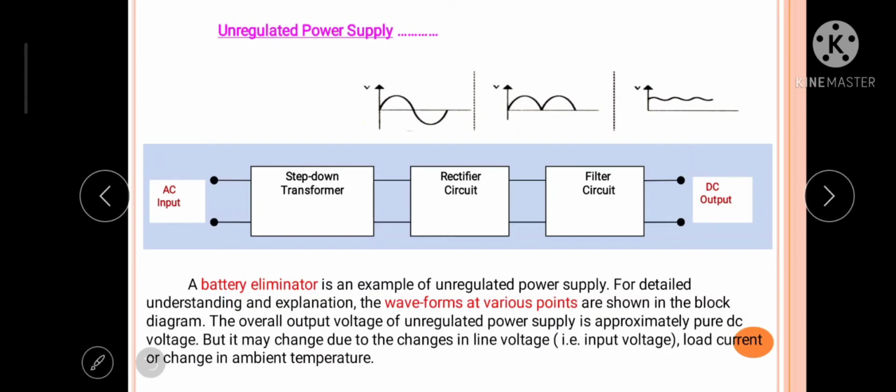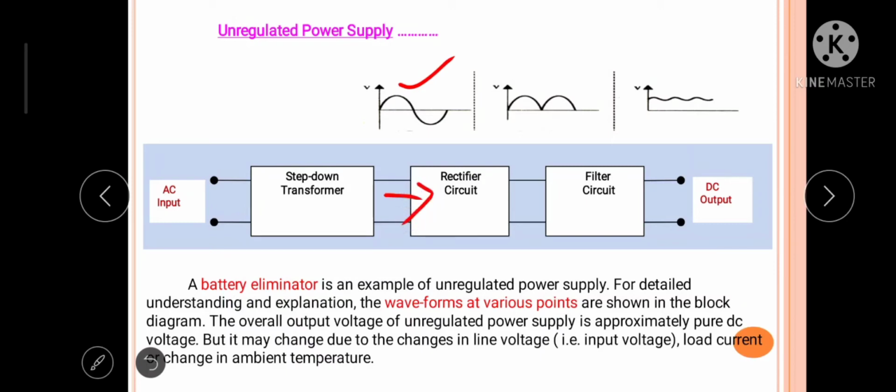For detailed understanding and explanation, the waveforms at various points are shown in the block diagram. As shown in the block diagram, here is the output of the step down transformer, which is AC in nature. This AC output is connected to the rectifier.